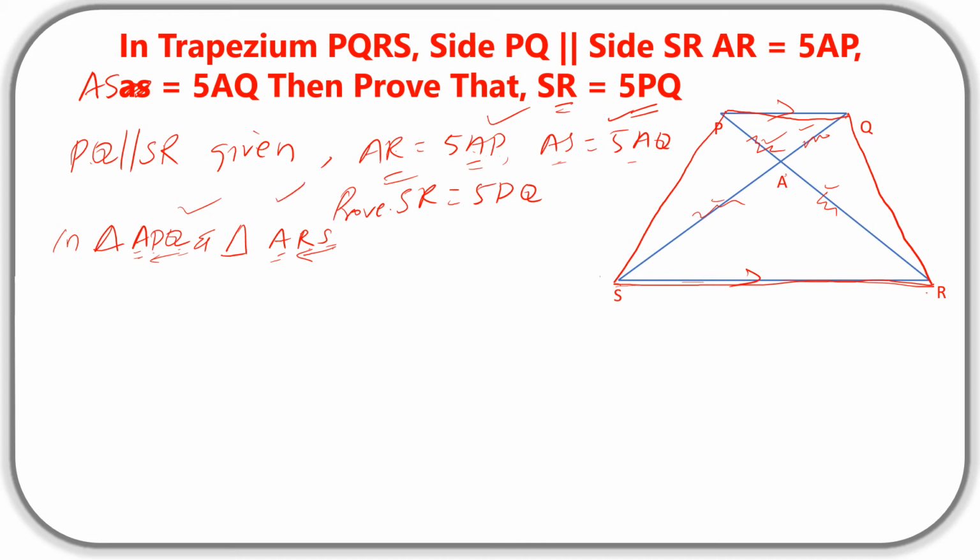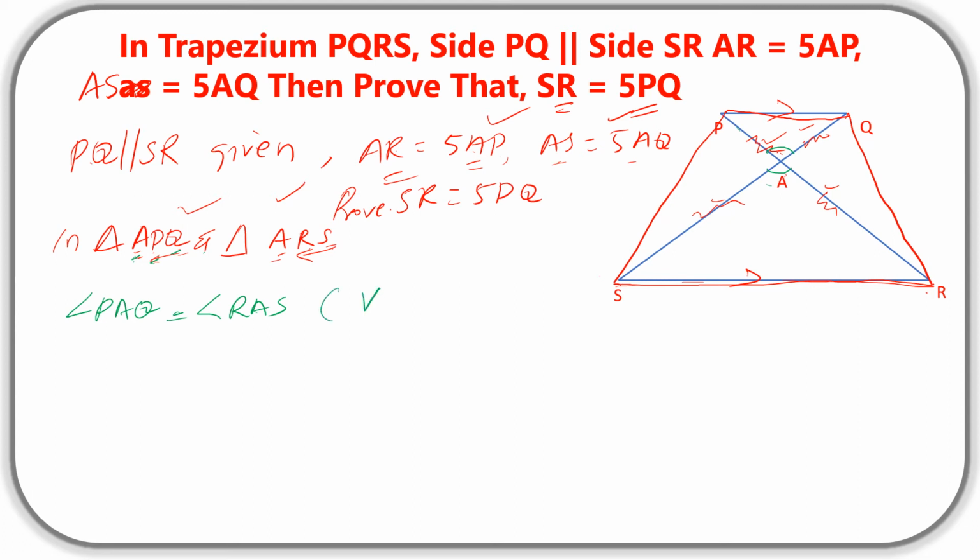Now these two, let me change the color. These are vertically opposite angles. So I will write that first. Angle PAQ is equal to angle RAS.